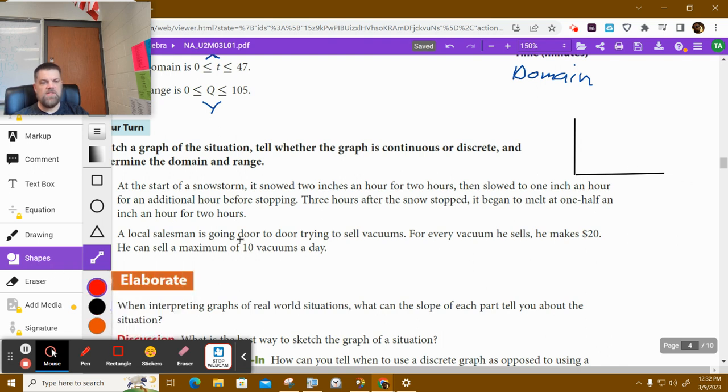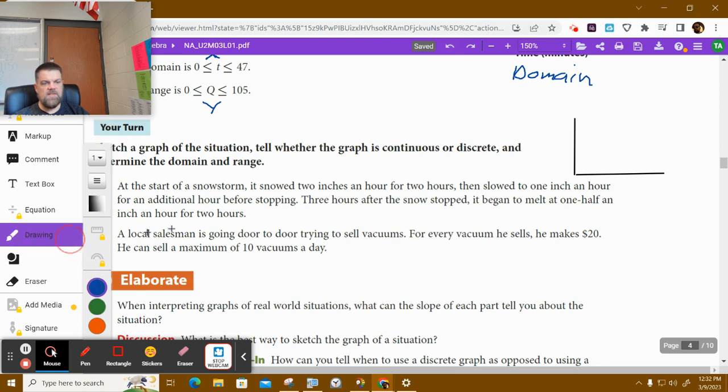We got to label that too. So it looks like we're going to measure the time. Let's label this as time. And let's measure this as snow in inches.